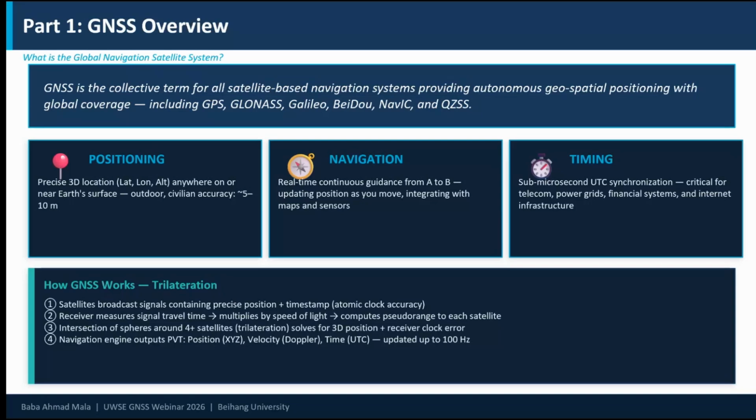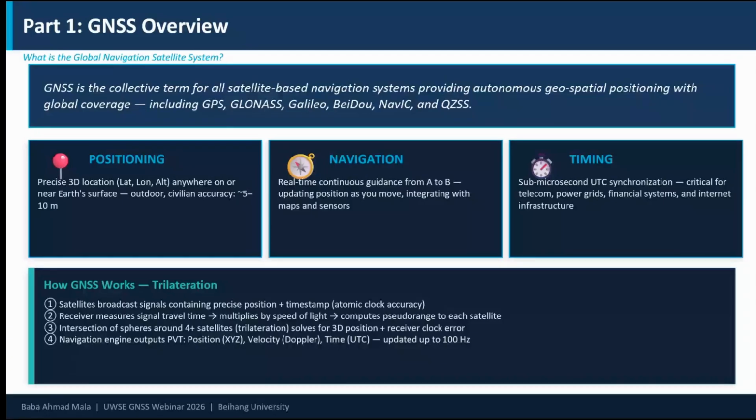What GNSS does is three things: positioning, navigation, how you navigate from A to B, and timing. That is what makes the GNSS what it is today.